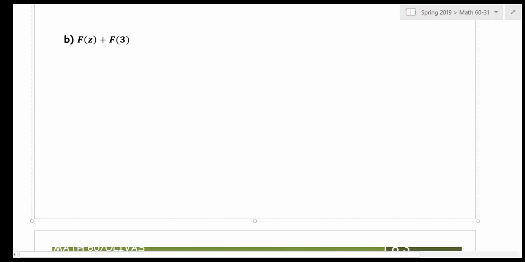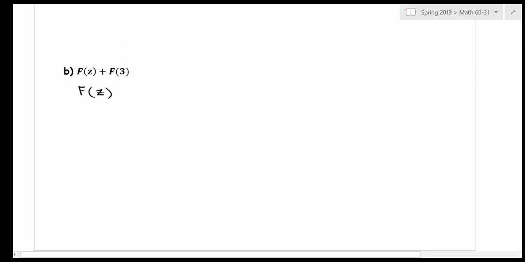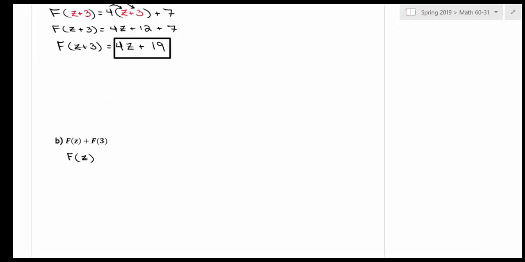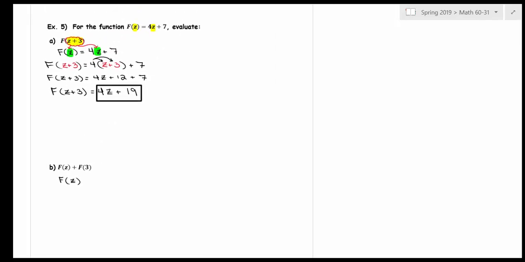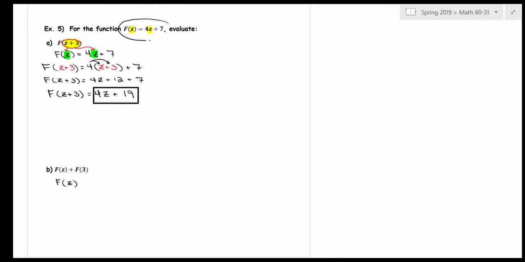Okay, now we're going to find f of z plus f of 3. So one more time, I'm going to copy down my original function, my f of z. If you recall, my f of z, my original one, was right here. We're going to just copy it down here. So f of z is equal to 4z plus 7.